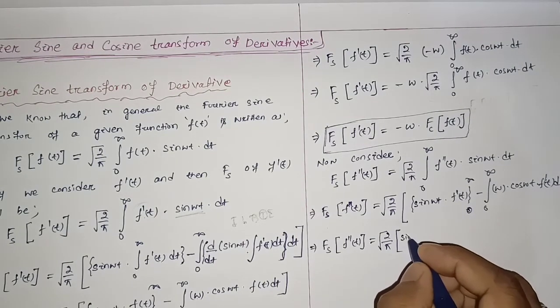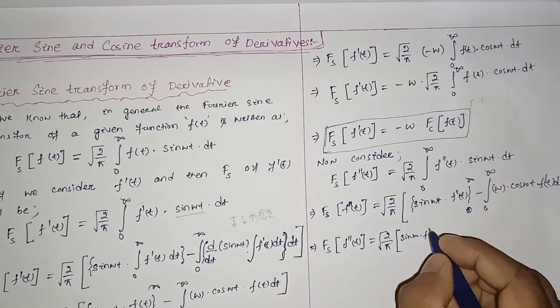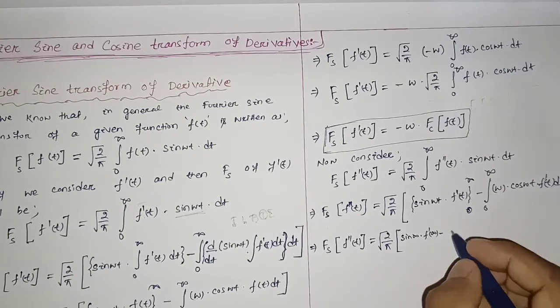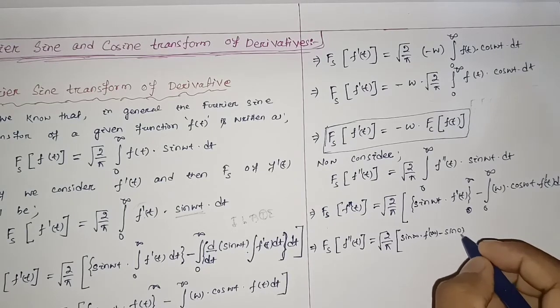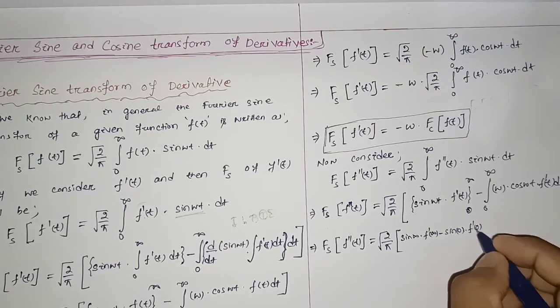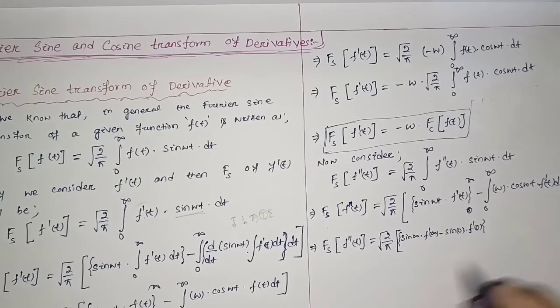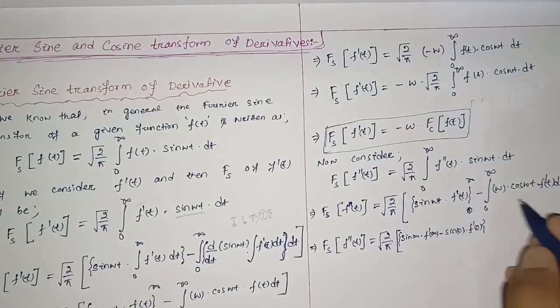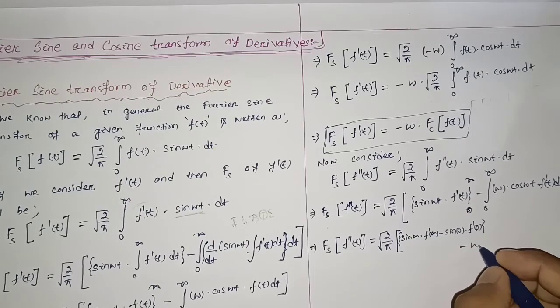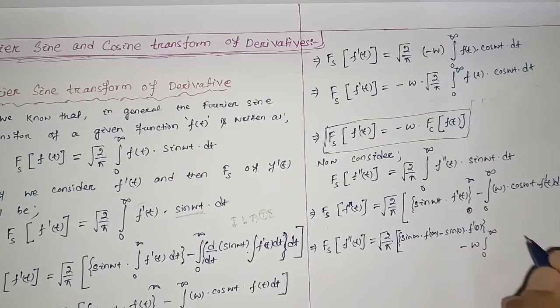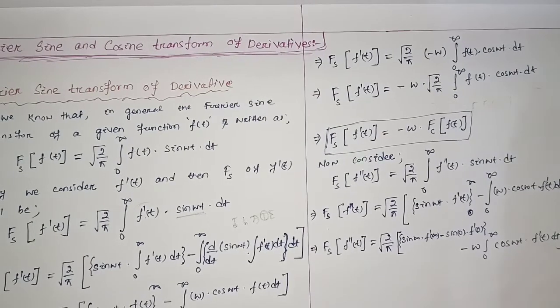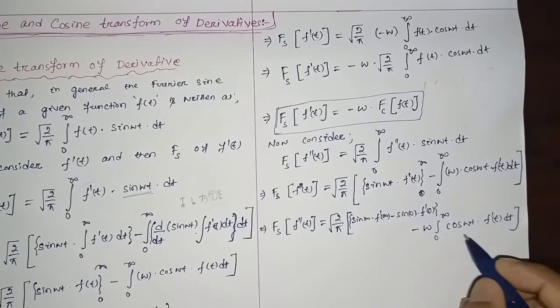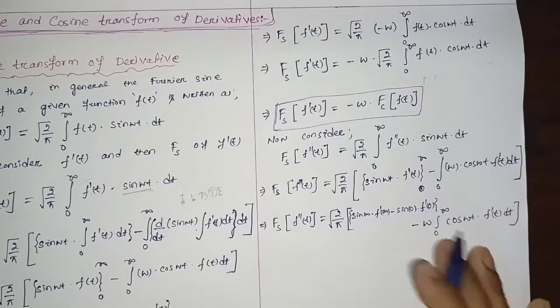You just write sine infinity into f dash infinity minus sine 0 into f dash 0. Then this is minus omega, integration from 0 to infinity of cos omega t f dash t dt.